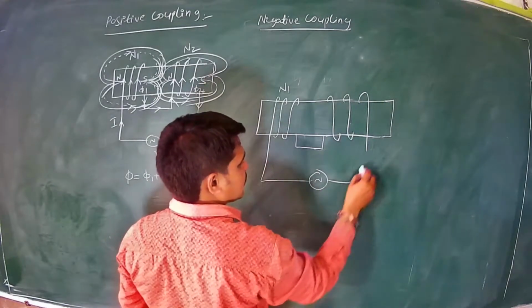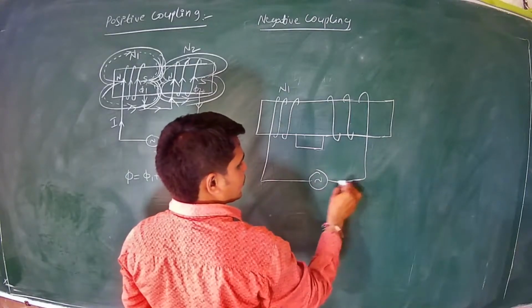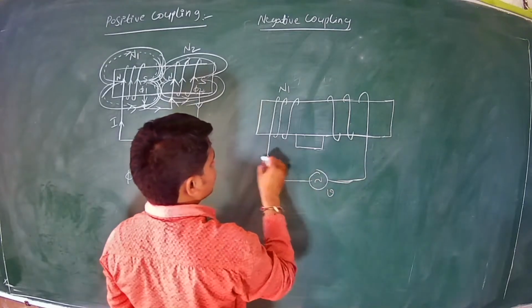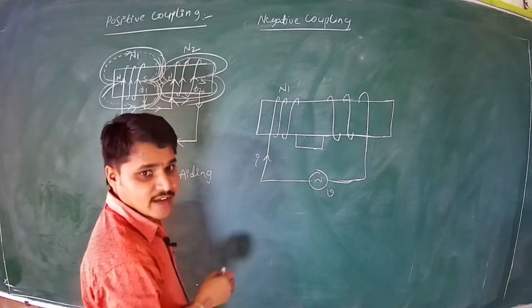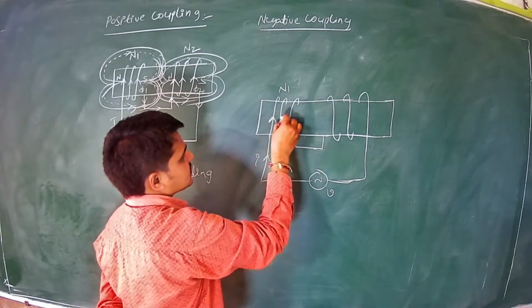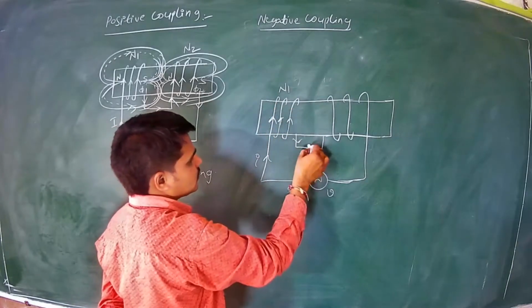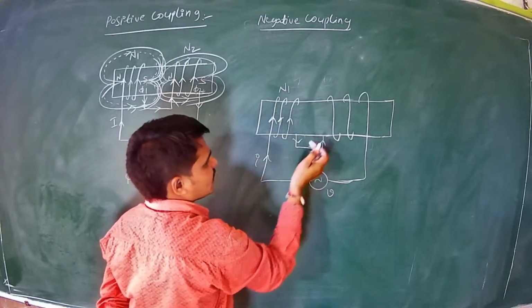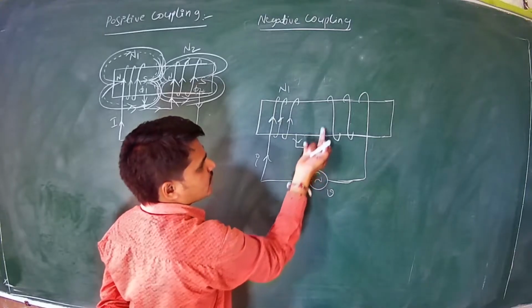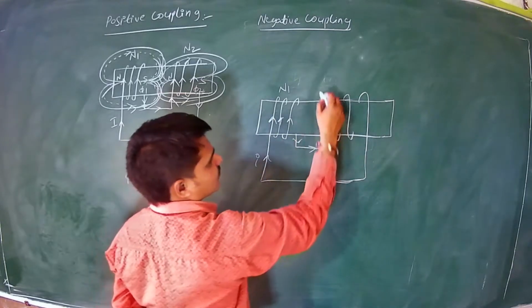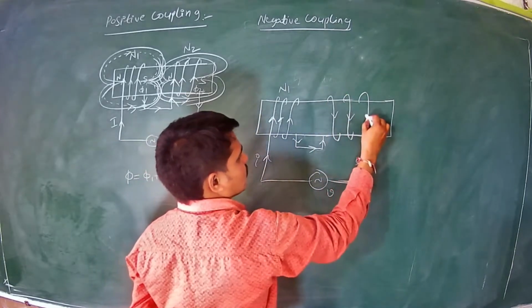When you give the supply, the current flowing in this coil is, let us say, I amperes. The current direction is like this: going up and coming down. Out of the back side it is going up and on the front side it is coming down.